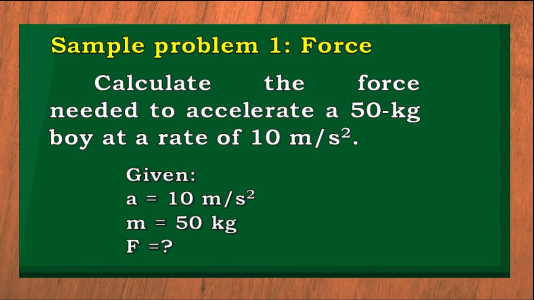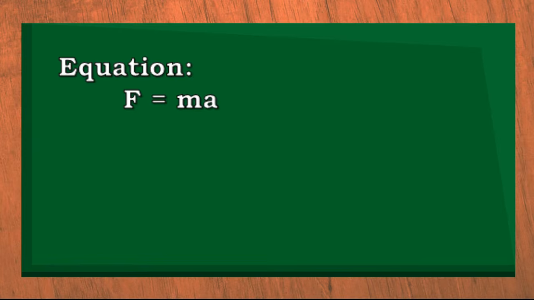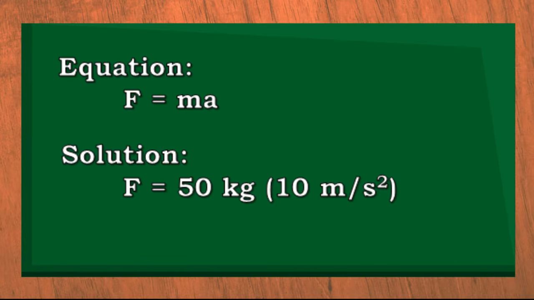Our unknown is force. If force is our unknown, our equation would be force is equal to mass times acceleration. Based from this equation, let us substitute the given values, where mass is equal to 50 kilograms and acceleration is equal to 10 meters per second squared.